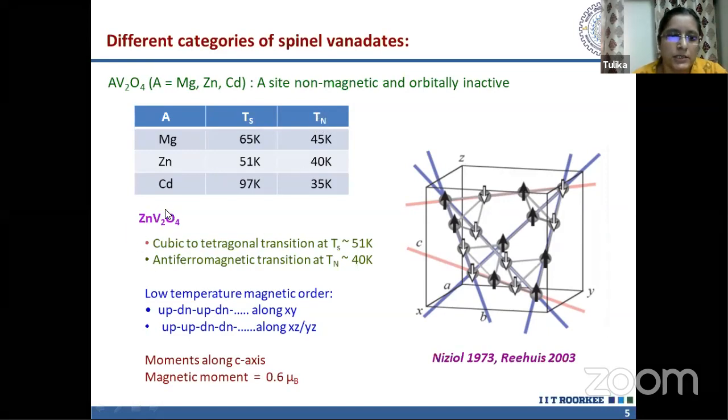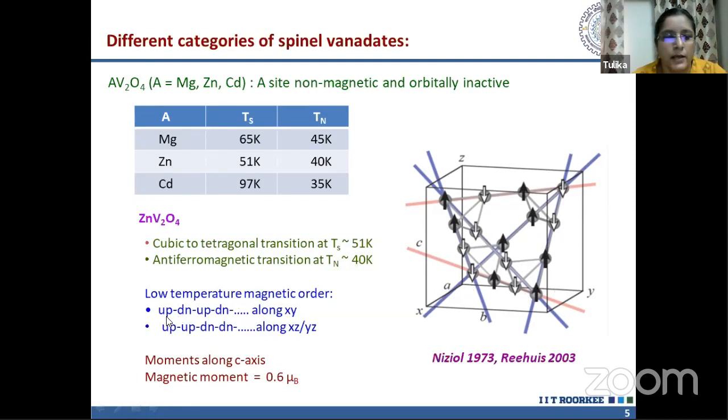For example, in zinc vanadate, we have a cubic to tetragonal structural transition at 51 Kelvin, which partially lifts the geometrical frustration, and therefore gives way to the antiferromagnetic transition at a lower temperature of 40 Kelvin. This antiferromagnetic order is a bit complex.